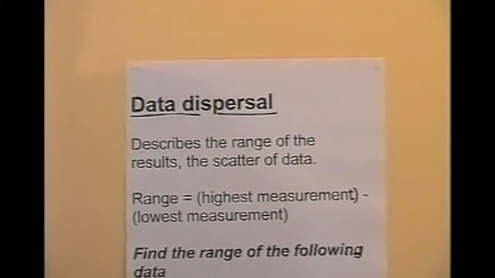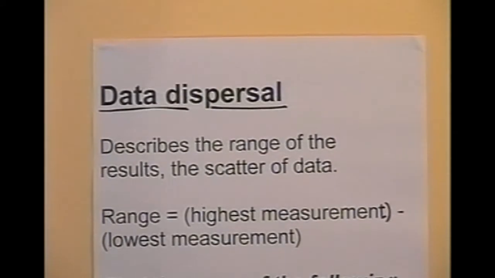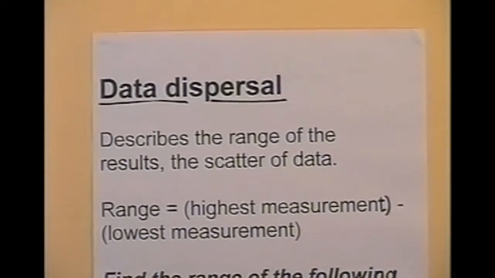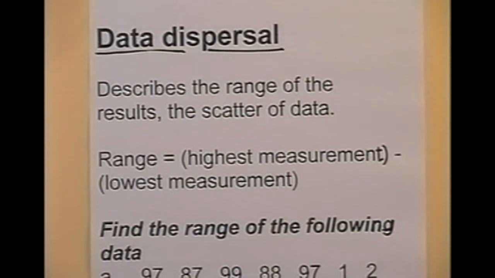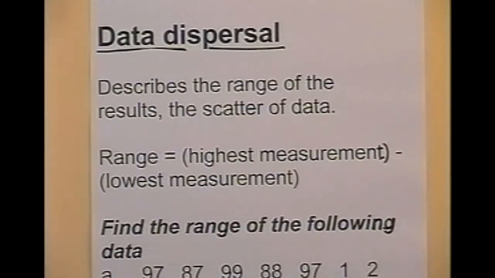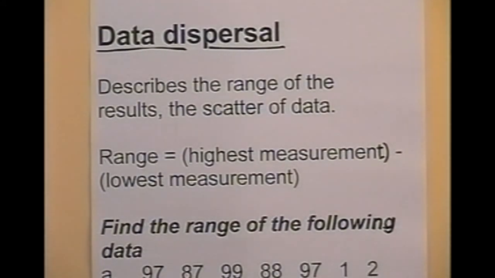This describes the range of the results, or the correct term, the scatter of the data. But the first way of describing this I simply want to look at is called the range. The range is the range between the highest measurement to the lowest measurement, or the lowest measurement to the highest measurement. What is the range of the data?